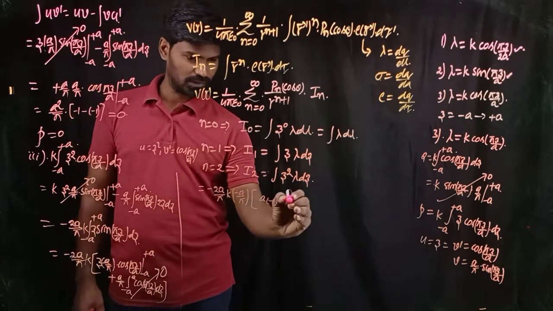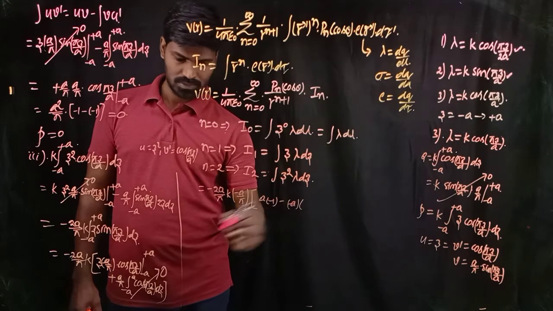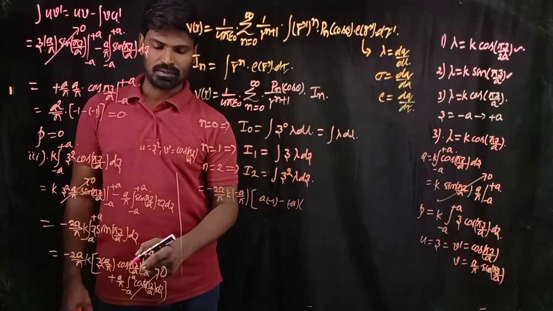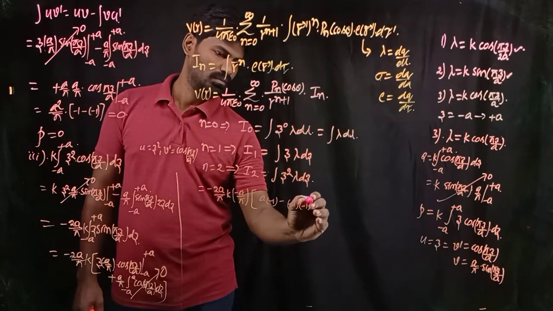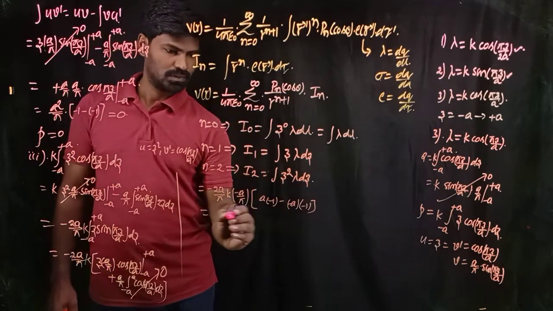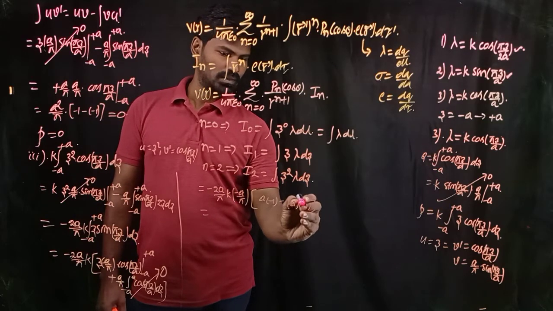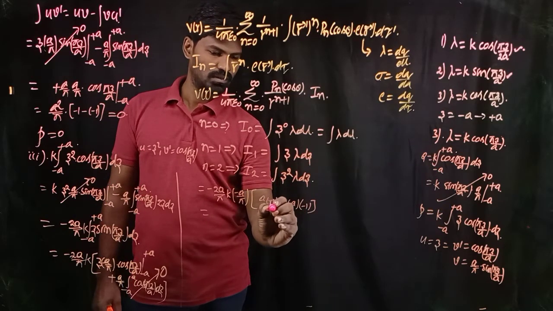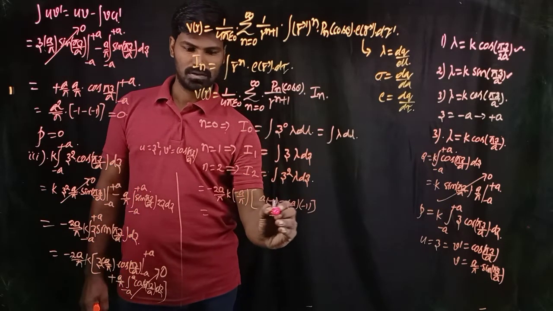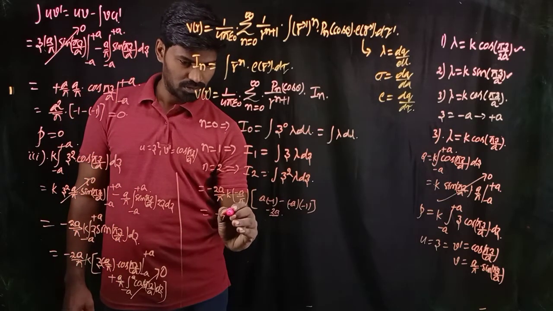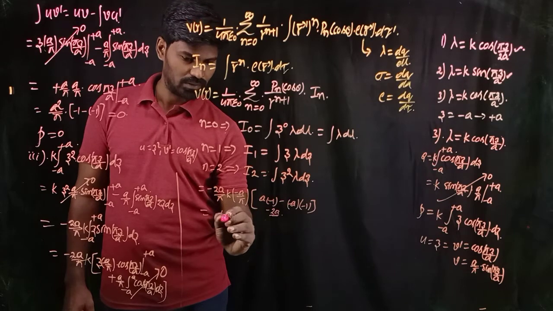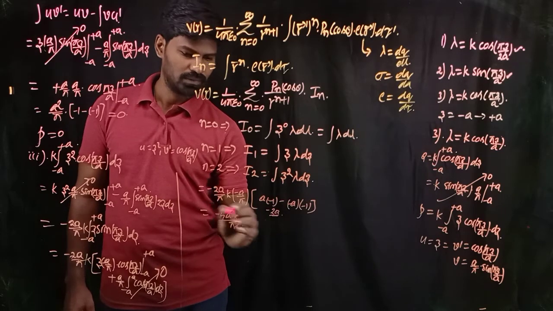Minus z is equal to minus a into cos of minus theta is cos theta only, so cos pi is again minus 1. That is equal to, how much you're going to get? Minus into minus plus a, plus into minus minus a, this total value is minus 2a. This into this, you will be getting minus 4a cube k divided by pi square.